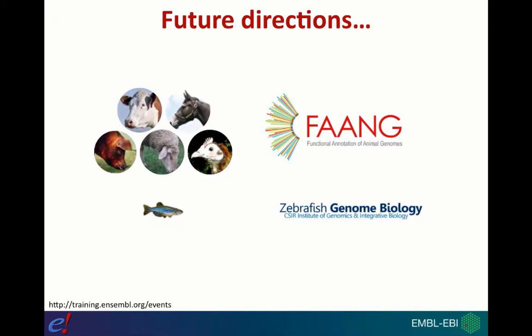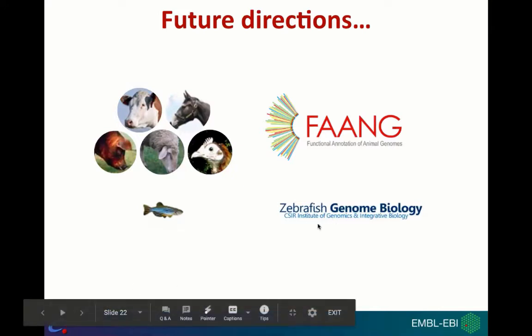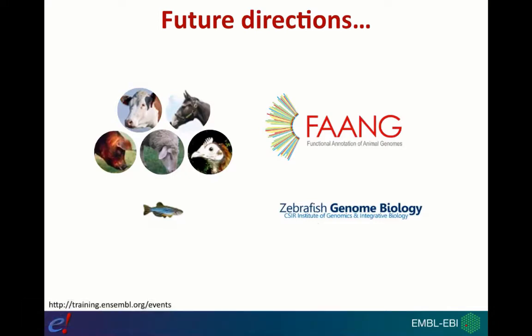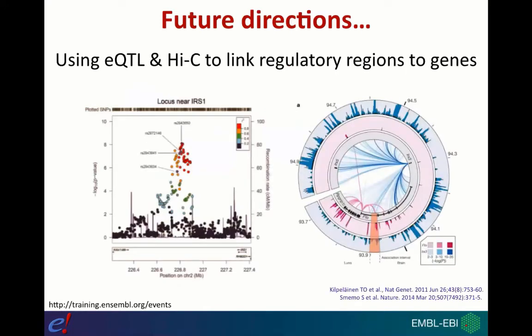So the FAANG project is looking at agricultural species. There are other projects such as AquaFAANG looking at fish species, and then there's also the Zebrafish Genome Biology Consortium that's looking at getting similar data for the zebrafish model organism. And obviously, one of the major goals of our regulatory build is to eventually be able to link the regulatory features to the genes that they control the expression of.